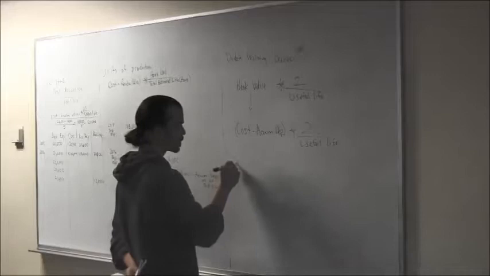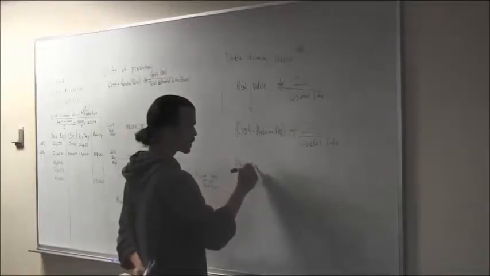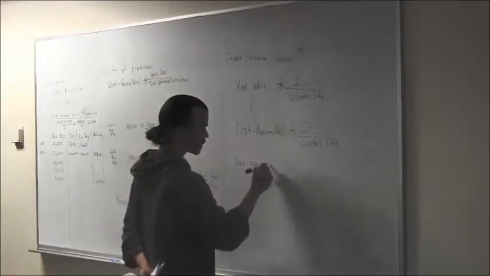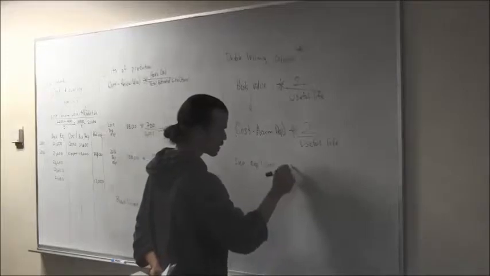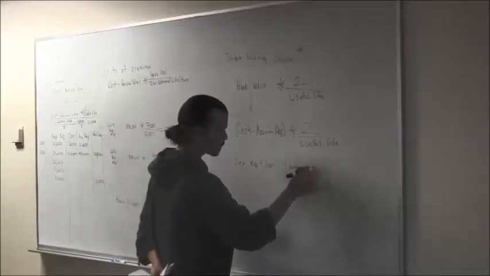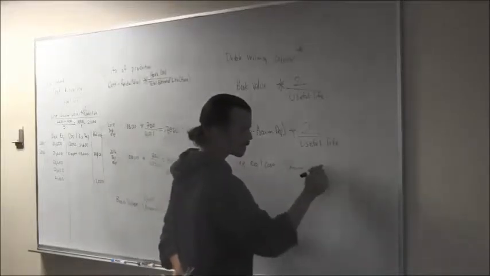So we've still got depreciation expense, cost, accumulated depreciation, and book value.